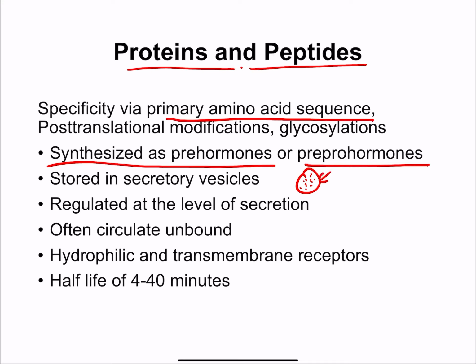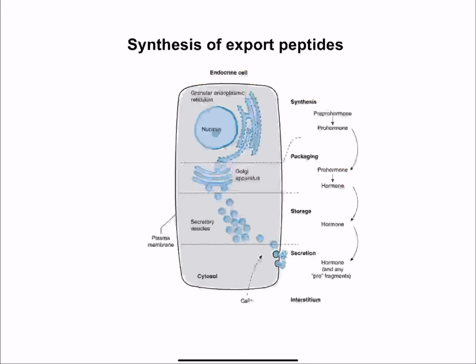They're hydrophilic, they like water, and they use transmembrane receptors, which means if you have a cell right here, the receptor for these hormones is going to be on the outside of the cell and not on the inside, as we're going to talk about later. So these are called transmembrane receptors. They have a relatively short half-life of about 4 to 40 minutes.